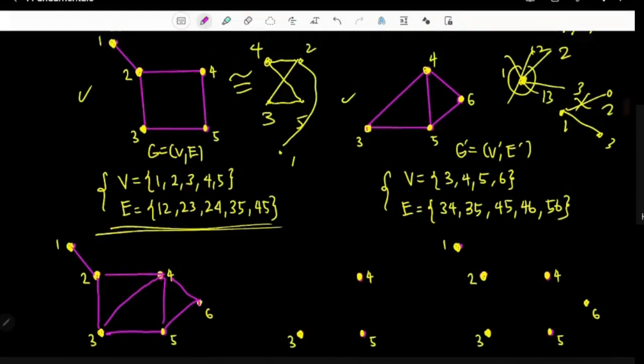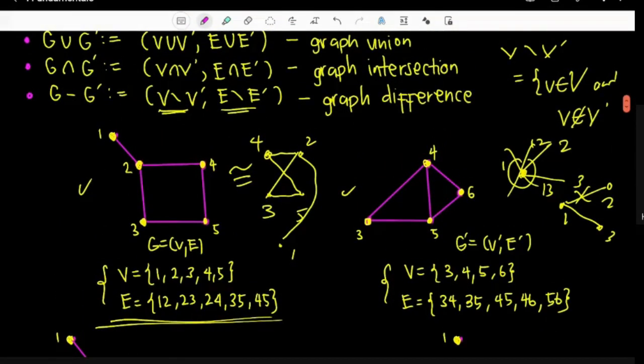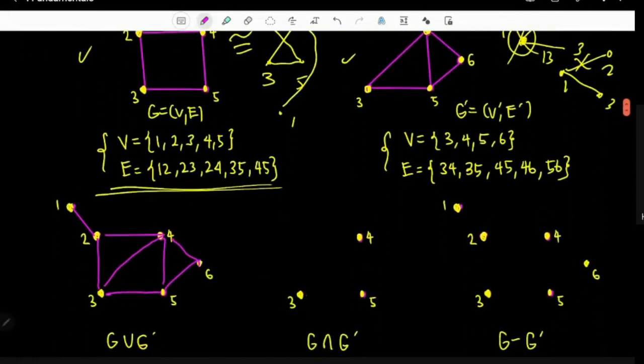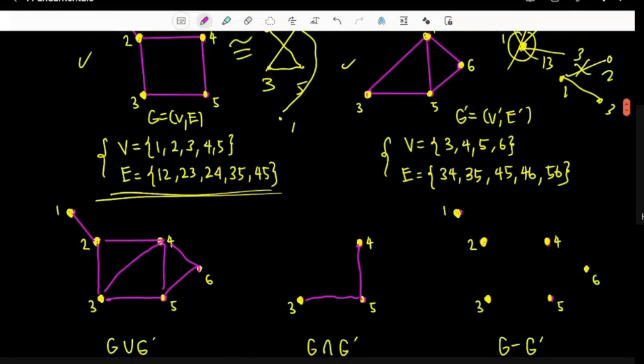So ang common edge lang naman ay yung edge ng 3, 5, tsaka 4, 5. So that becomes 3, 5, tsaka 4, 5. So that's your intersection of the graph. Common vertices and common edges. Alright? Question so far? Wala. Okay.